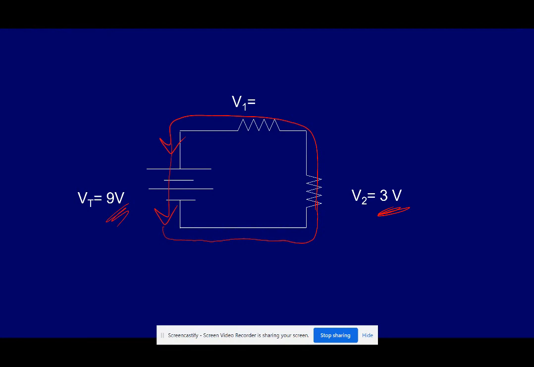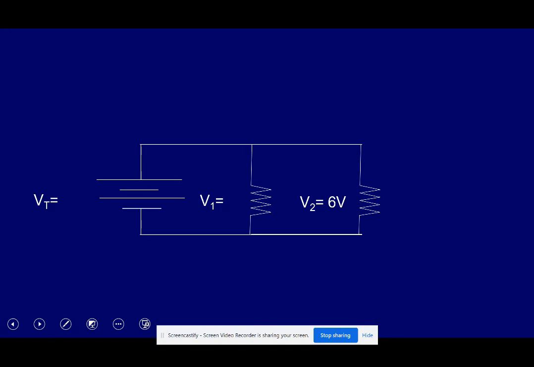Say it to yourself, say it out loud, say it in your head, whatever you got to do. If your brain came up with it must drop off 6 volts, then you were correct and you understand Kirchhoff's voltage loop rule. The voltage drops, 3 and 6, had to equal the voltage gain. The trucks had to return empty.